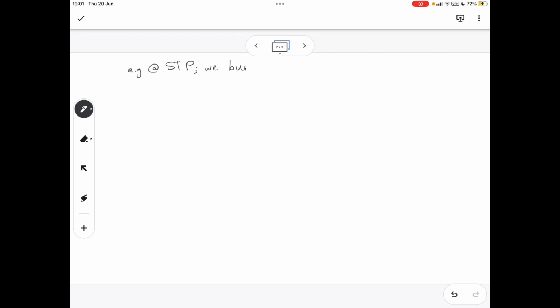So it's at STP, we burn propane. Propane is 3 carbons, 8 hydrogens. If you're doing organic chemistry, it will look something like this. So it's 1, 2, 3, 4, 5, 6, 7, 8 hydrogen atoms, and they are close to carbon like that.